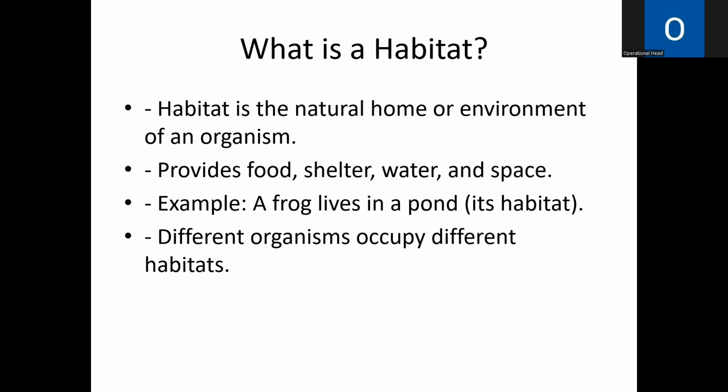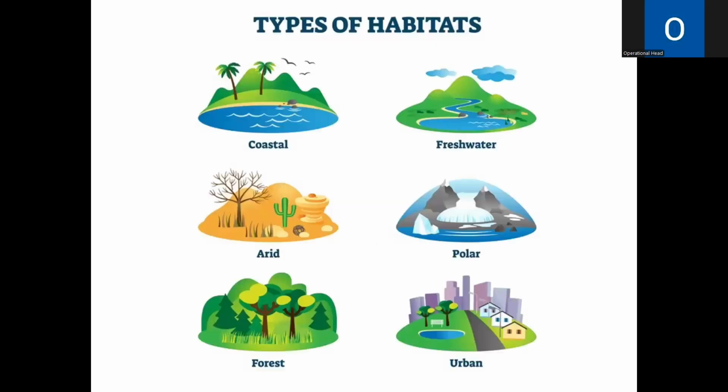Each and every organism lives in a different kind of habitat. It may be aquatic, desert, or terrestrial. Look at the picture of types of habitat: coastal, freshwater, arid, dry conditions, polar region, very cold climate, forest, urban.